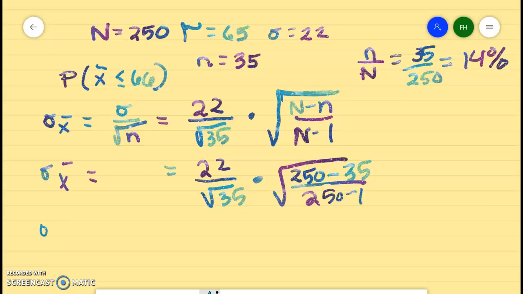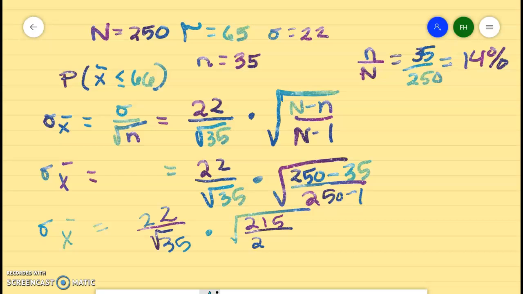If you want to simplify it a little bit before you put it in the calculator, you can, but you don't have to. When I put this in the calculator, I do 22 divided by the square root of 35, and I'm going to times that number, which is a long decimal. Do not round yet.